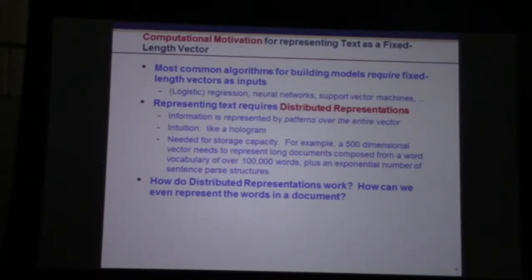But if we look at the patterns, where the pattern is over all or most of the components in the vector, that's a huge representational space. It's like exponential in the size of the vector. So that gives us enough elbow room so we have a fighting chance to even just be able to represent the words. Not to mention what we really want to do is to represent the words and the structure in this fixed-length vector. So we have to use patterns, we have to use a distributed representation. So how are we going to do that?